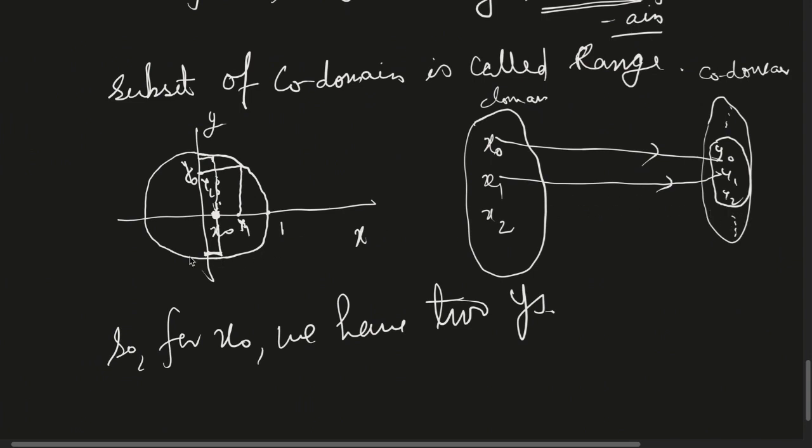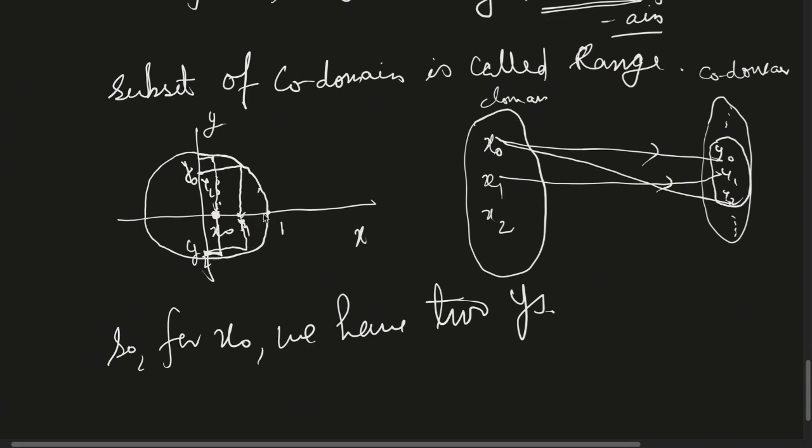Let us say that this is y2. So this x0 is being mapped with y2 also. So we have seen that x0 can have just exactly one mapping in the codomain, but x0 is being mapped with y0 also, and x0 is being mapped with y2 also. This is not a function. For every value of x, if you see this value of x, then this is one y, and this would be another y.